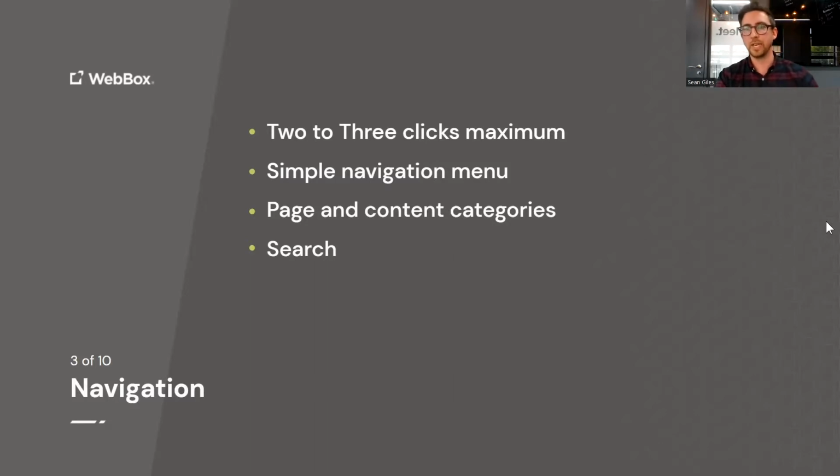And search. So this obviously isn't going to be applicable for everybody, but on e-commerce sites, it's the key way that people will find content. If you know what you're looking for, a search for the user is a great tool to access content.